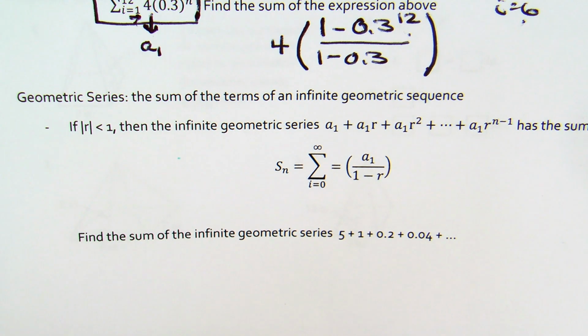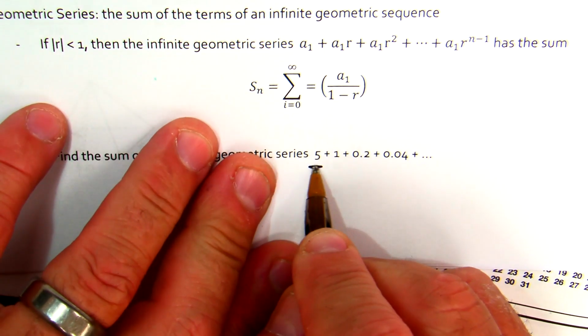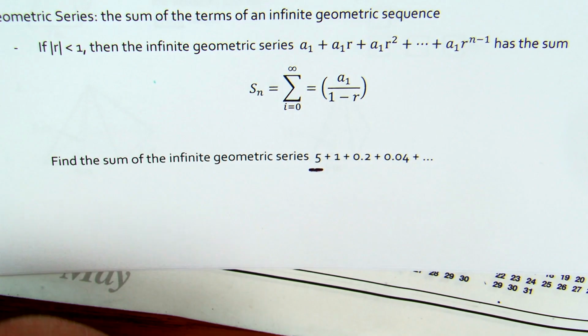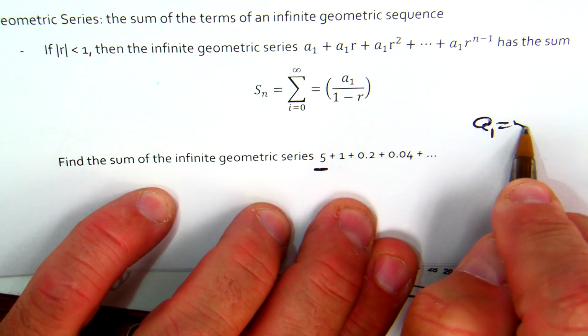Find the sum of the geometric series 5 plus 1 plus 0.2 plus 0.04 plus dot dot dot. All right, so why is 5 important? Say a sub 1.